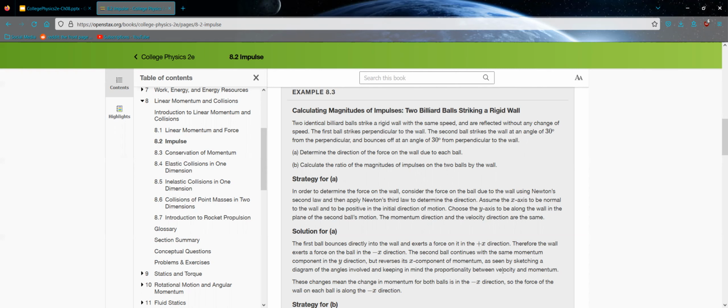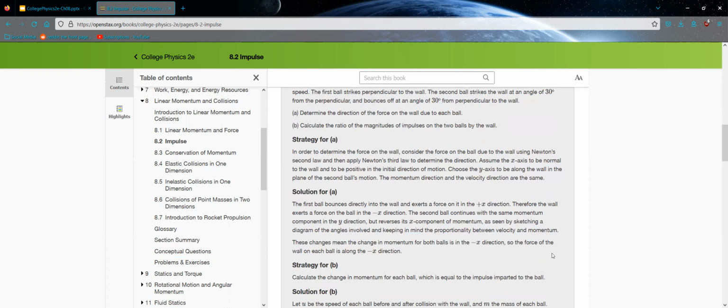So, since the first ball is shot perpendicular to the wall, it essentially strikes the wall directly and comes back. All the force put into that first ball is coming right back at you, so positive x and negative x are the directions. However, the second ball continues with that momentum but has a y directional component to it.